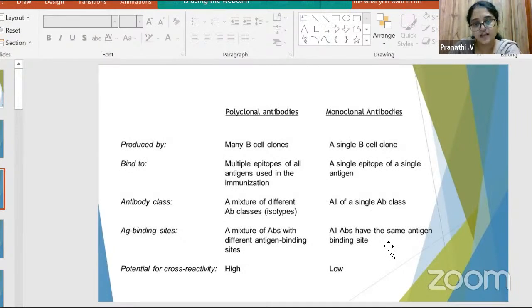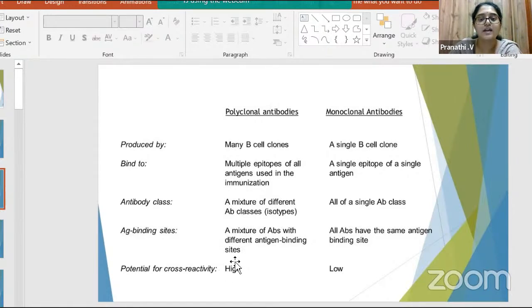They all bind to the same antigen binding site, and their cross reactivity is low. Polyclonal antibodies can bind with different antigen binding sites because of the presence of many epitopes of the antigens, so the potential for cross reactivity is high.